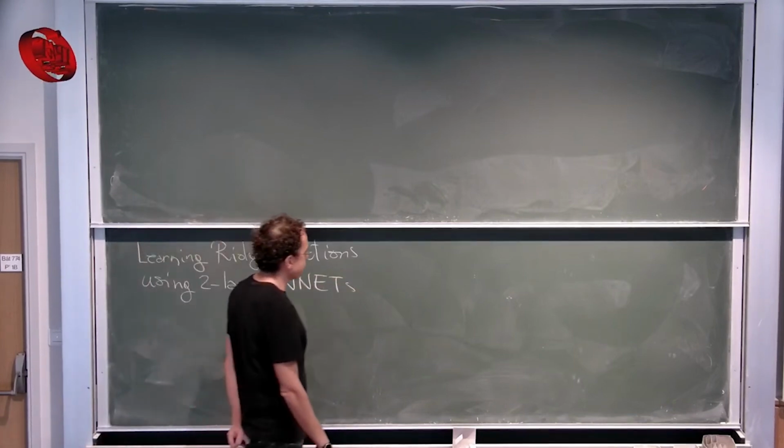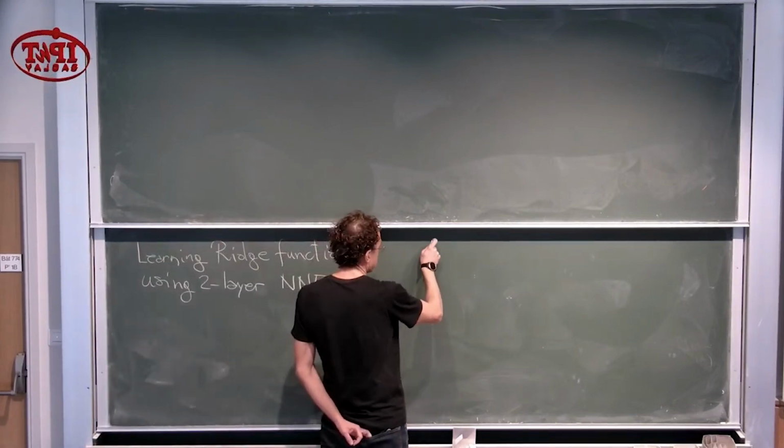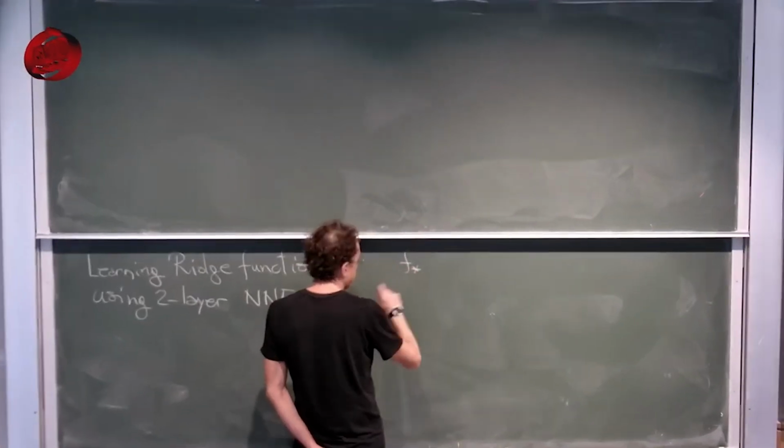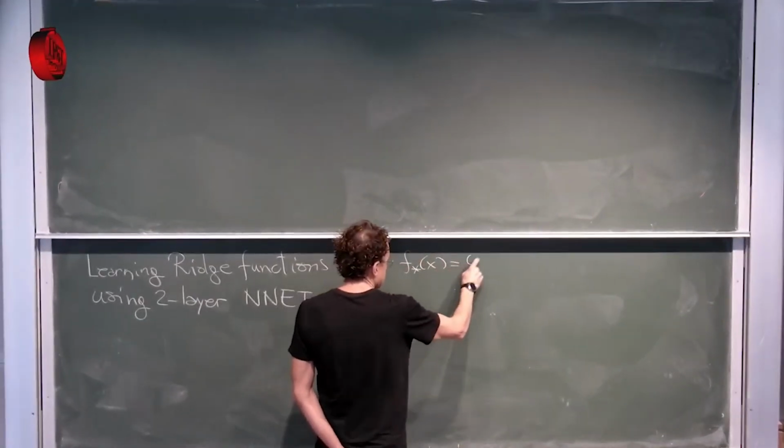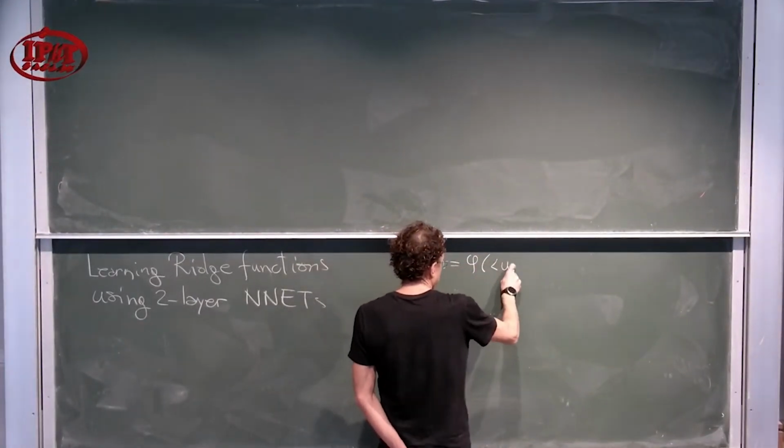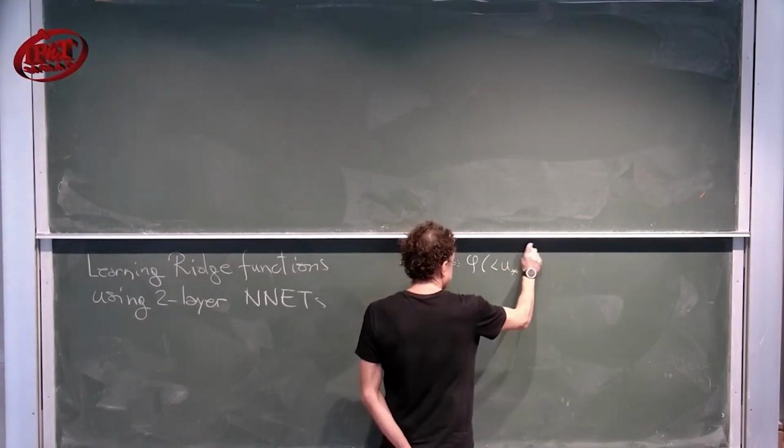Let me remind you of the setting. A rich function is a function f star of x of the form f star of x equals sigma of u star dot x.